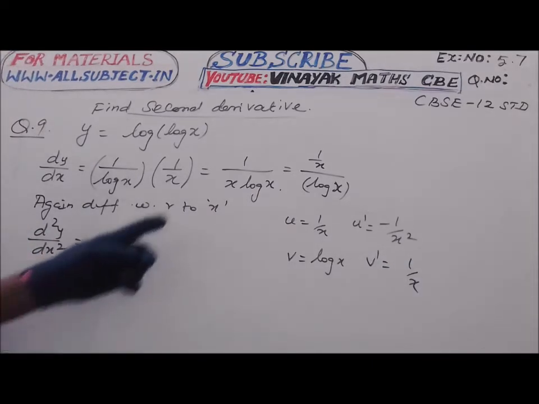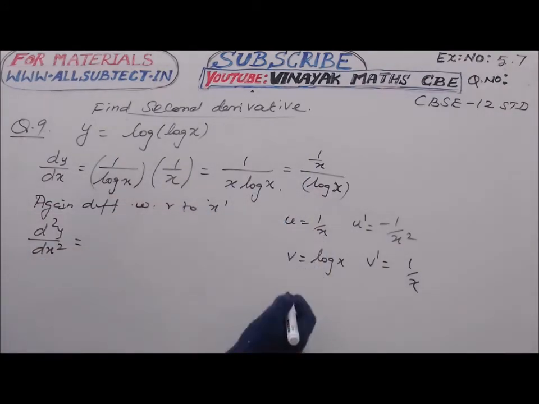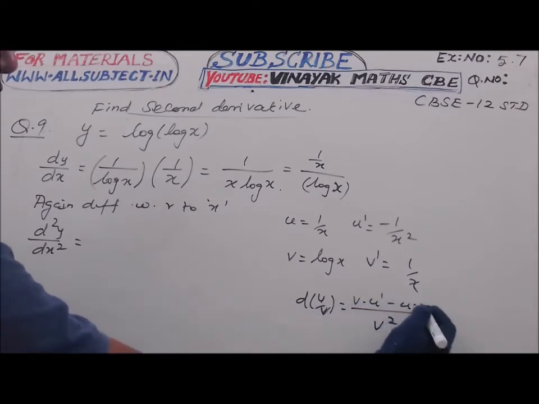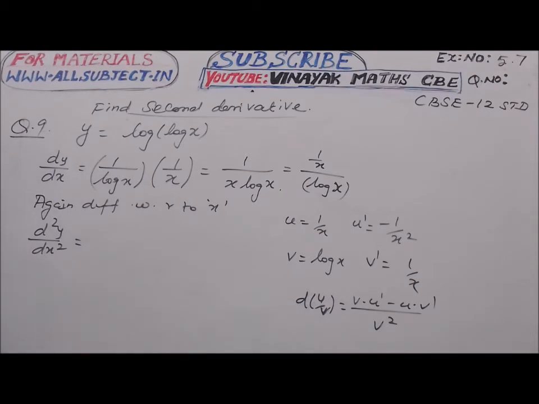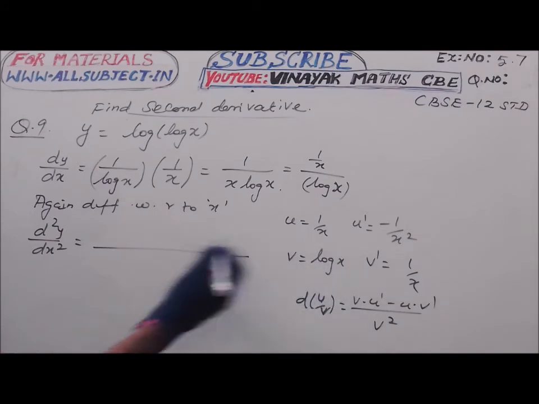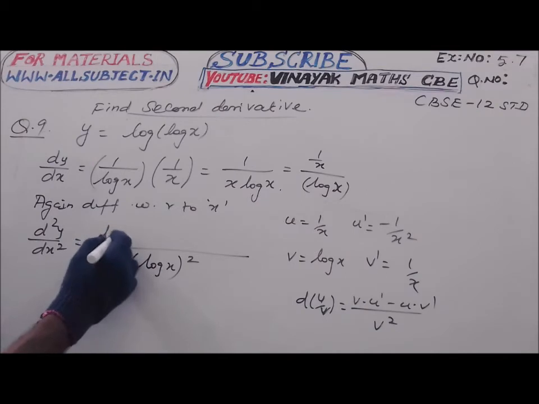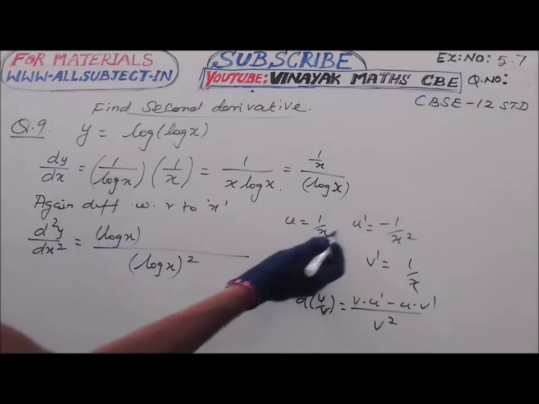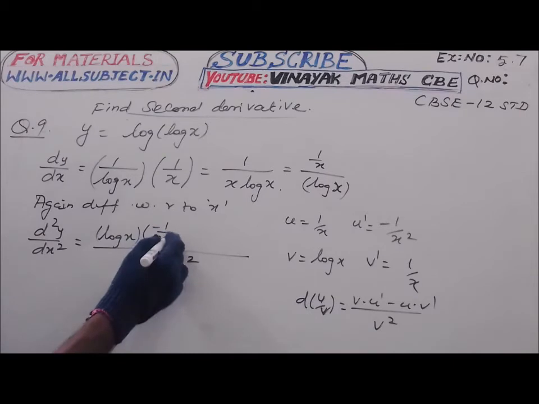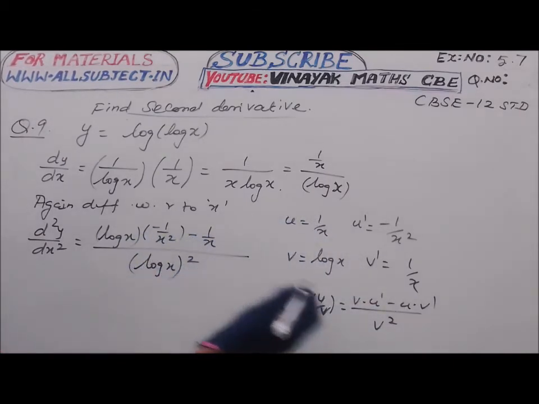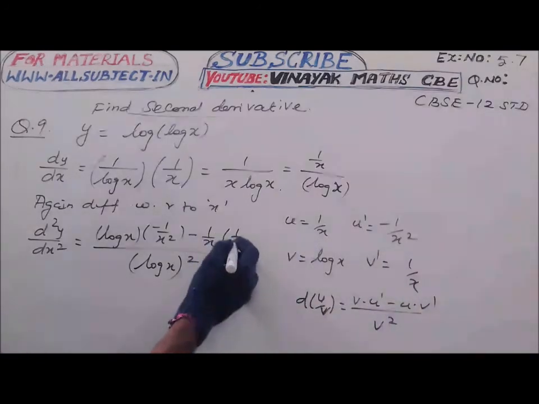Now, by using the u by v formula, the derivative of u by v equals v into u dash minus u into v dash by v square. Substituting, we have v square, v is log x, so log x whole square. v into u dash is log x into minus 1 by x square, minus u, which is 1 by x, into v dash, which is also 1 by x.